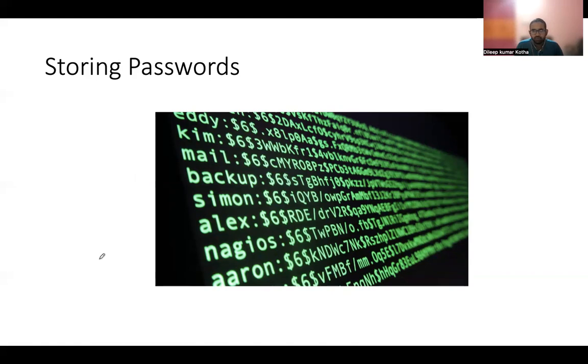Whenever you give your password, or when you sign up and save your password in any website or in your local Linux machine itself, it won't be stored in plain text. It will be stored in hash format. Remember I said earlier, it is not possible to get the inversion from a hash function.